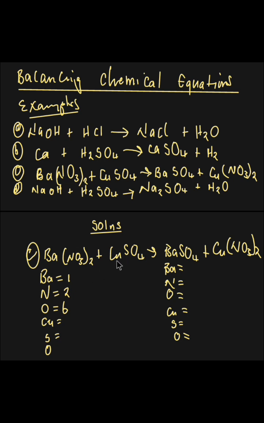Then you move to copper. How many atoms of copper are seen there? There's only 1. Sulfur, how many atoms? 1. Oxygen, how many atoms? So for oxygen, we already have oxygen there, so this one can be removed.